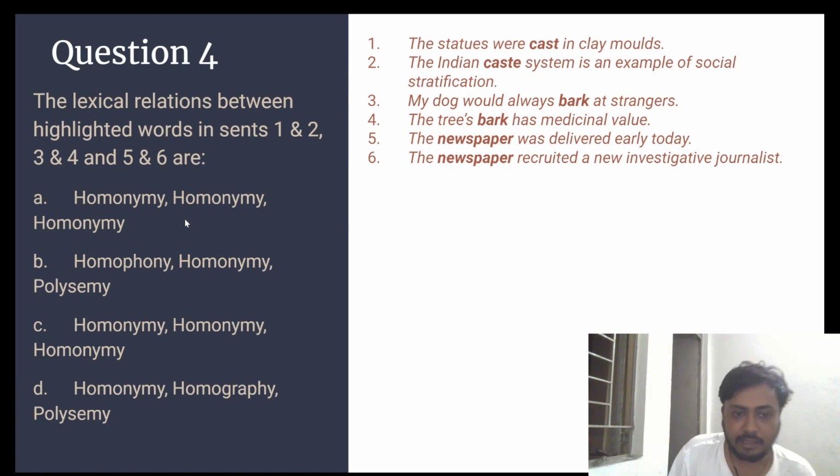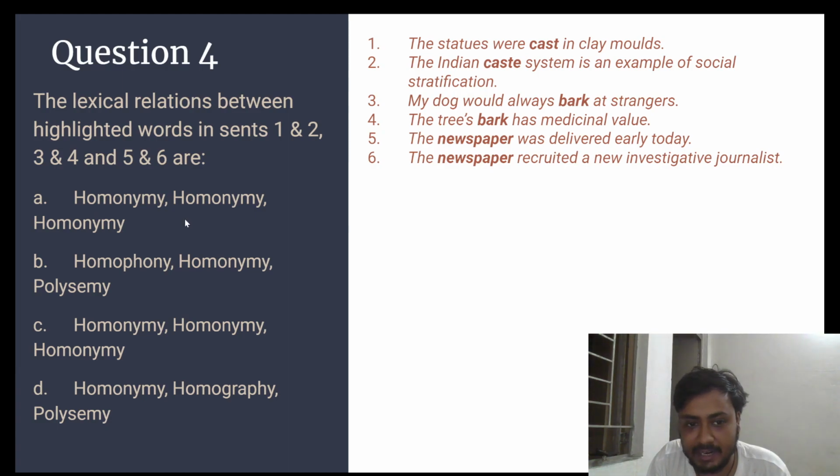You have to basically understand the difference between each of these terms and what they mean. All right. So what is the relation between one and two? Between cast and caste?